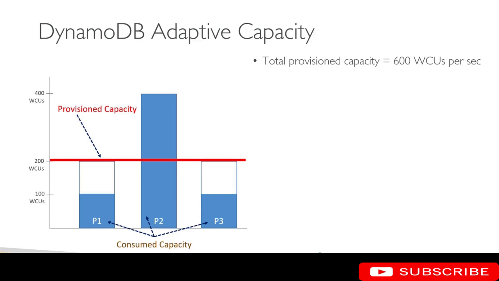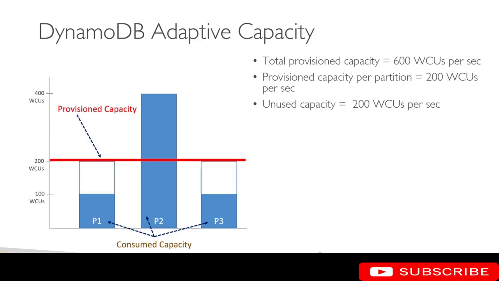So we can see here that the application is sending more write requests on the partition P2, while partitions P1 and P3 are not being utilized as much. So what happens is DynamoDB looks at the unused capacity in different partitions. So for example, we see that about 100 WCUs of capacity is unused in partition P1 and partition P3.